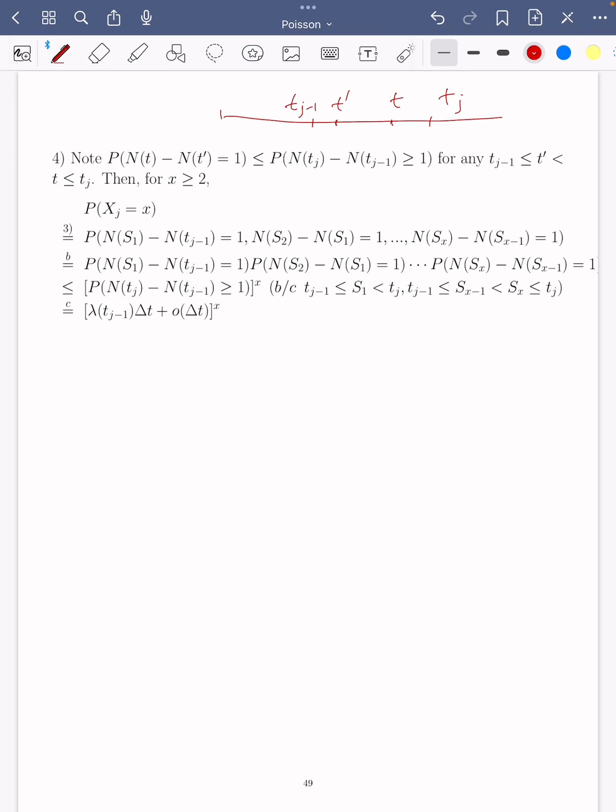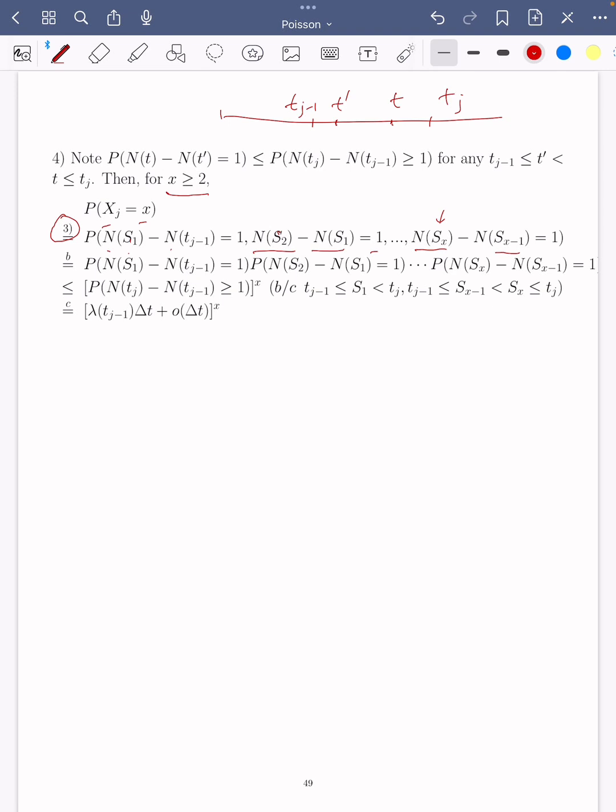So because of this fact, we know that for any x larger than or equal to 2, the chance that X_j equals x, by the previous discussion, is equal to the chance that N(S1) minus N(t_{j-1}) equals 1, and then N(S2) minus N(S1) equals 1, up to N(S_x) minus N(S_{x-1}) equals 1, because S1, S2, and S3 up to S_x are all different.